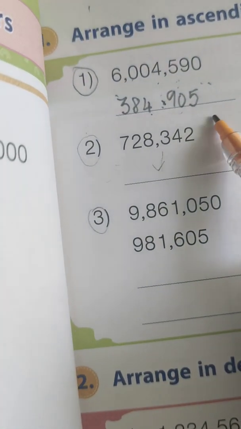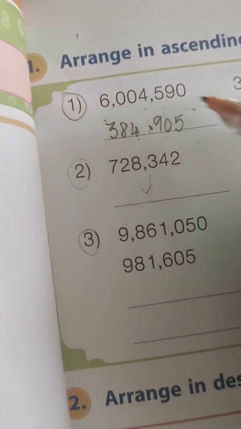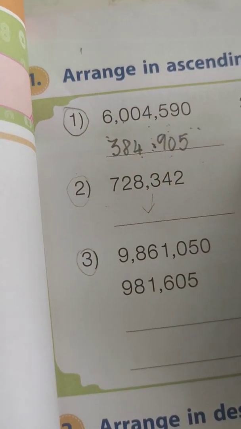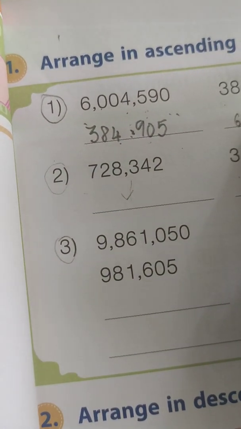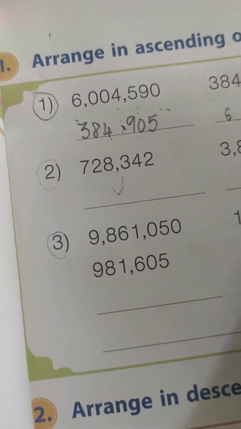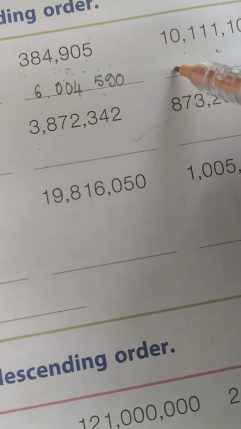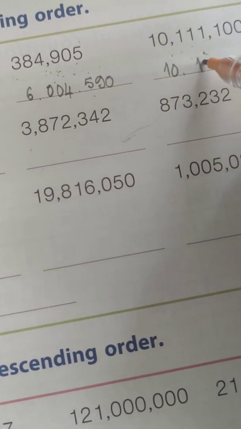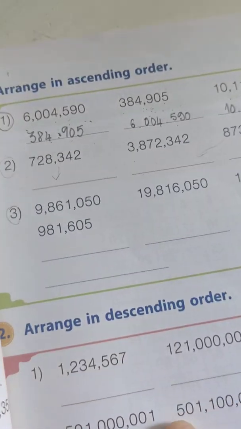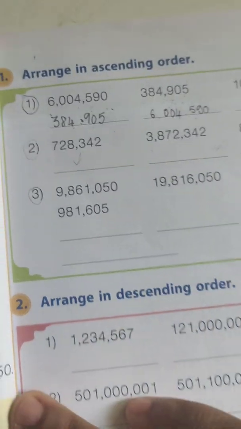So you write it in the first space. In the second blank, you write the second number, which is 6 million, because 10 million is bigger than 6 millions. So 6,004,590. And the last one, the greater number, will be 10,111,100. Okay, so you do number 2 and number 3.